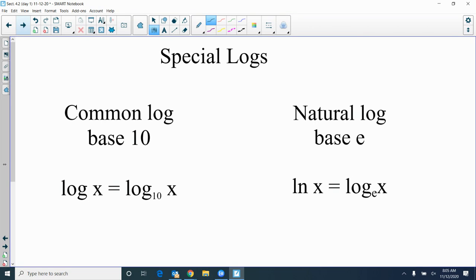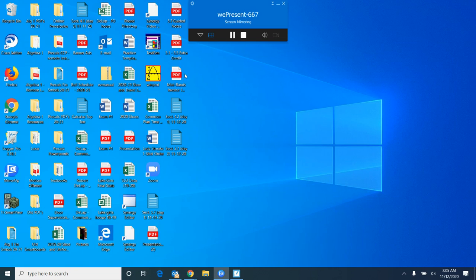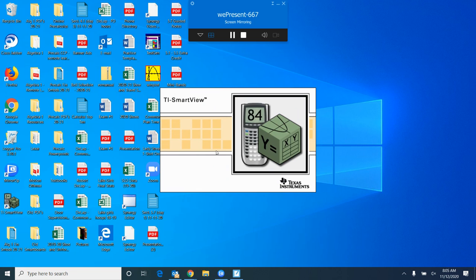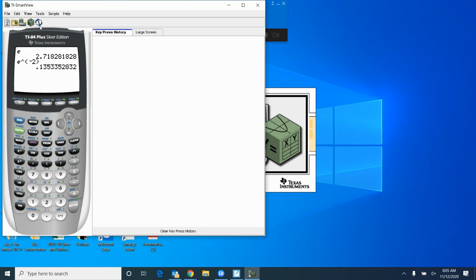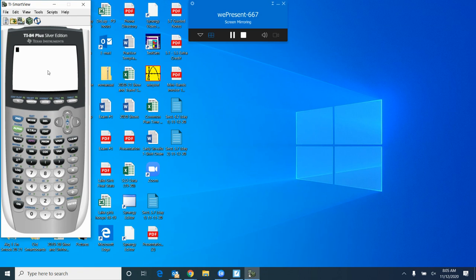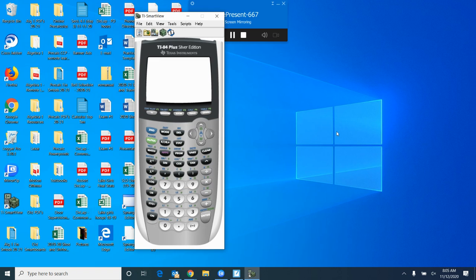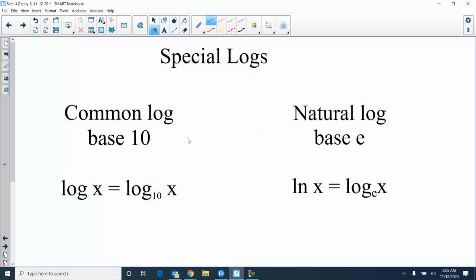Let me pull up my calculator here. Okay. Common log, base 10. And then what's called the natural log is base e.